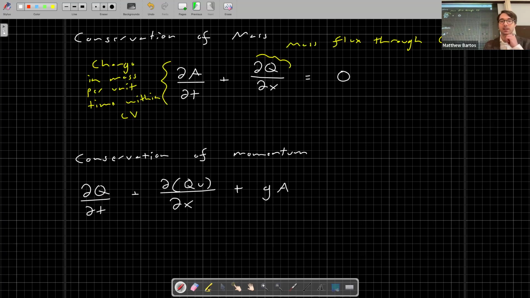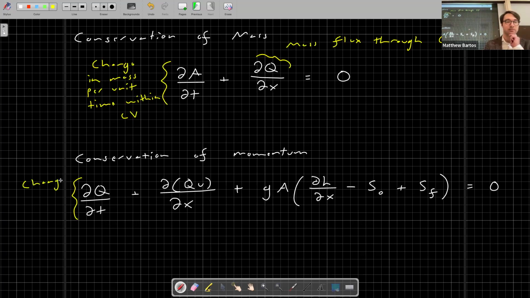So this will be g times A times dh by dx minus the bottom slope plus the friction slope is equal to 0. So again, this dq by dt term represents the change in momentum per unit time within our control volume.